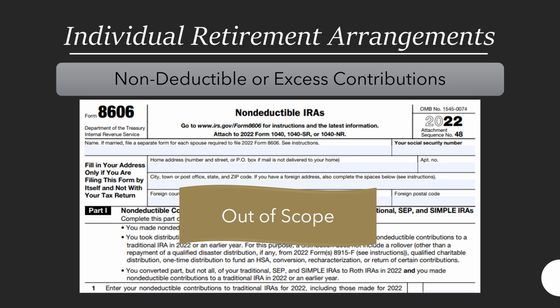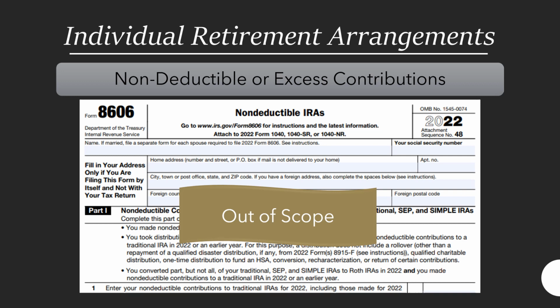And lastly, as we talked about, there are limits to how much of a contribution could be deducted, or there may be excess contributions that weren't allowed. These situations would require Form 8606, which is out of scope for us.